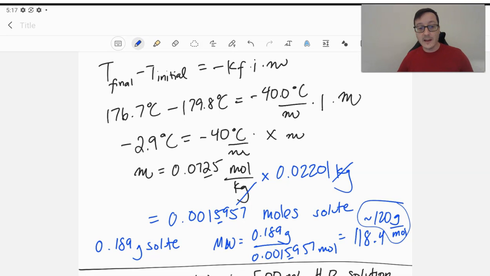We'll see in the next problem that we may end up with something higher because we're dealing with a much more complicated molecule. But that's how we find molar mass here: you solve for moles, you have grams experimentally, and grams divided by moles will be your molar mass. So you can just go ahead and do the calculation.